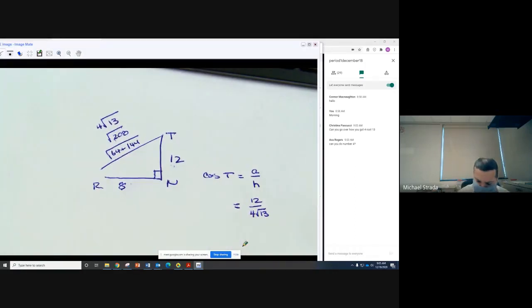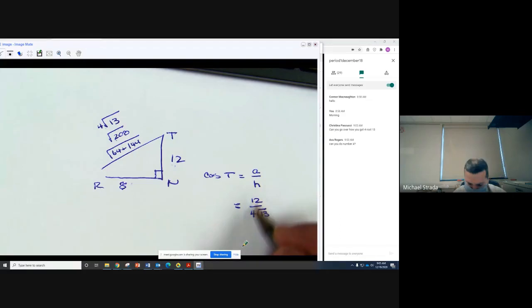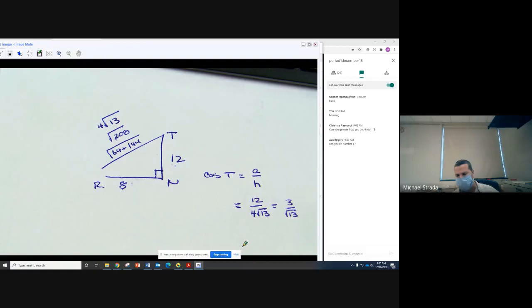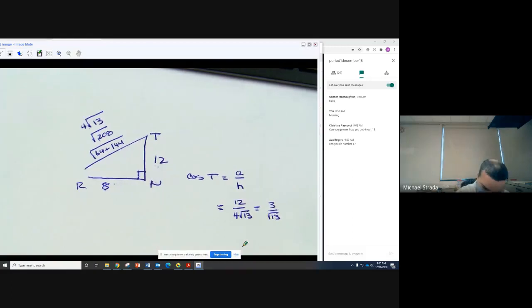Now the easiest way to do it is look at the non-radical numbers first and see if that can be simplified. 12 divided by 4 is 3. It doesn't have to go in perfectly; it can also be reduced. So that becomes 3 over root 13. Then I'm left to rationalize the denominator, multiplying by root 13 over root 13. Now I'm looking at 3 root 13 over 13 for my final answer.